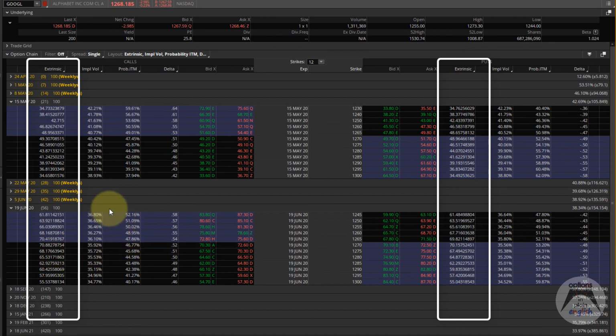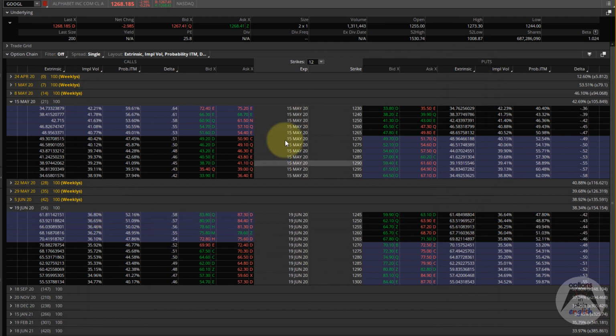Now you know that intrinsic value depends on the price compared to the strike price, and extrinsic depends on implied volatility and time to expiration. So I hope this was clear, and I hope that you got something positive out of this, because this is information that's going to help you a lot as a trader.